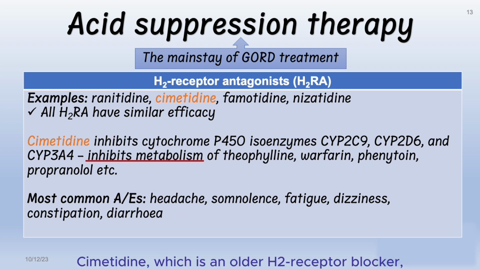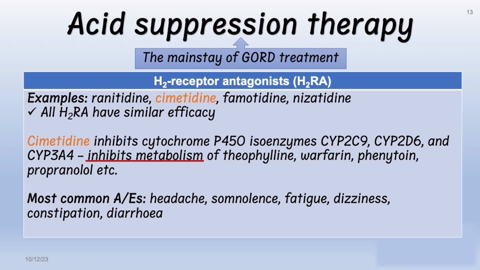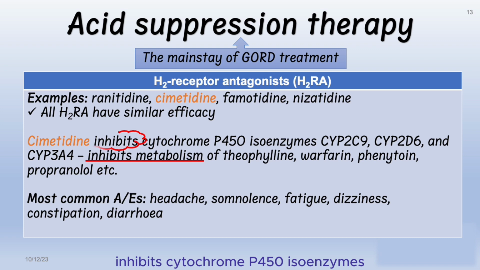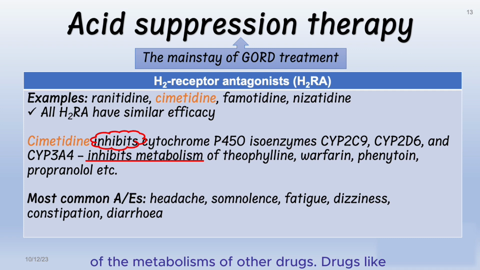Cimetidine, which is an older H2 receptor blocker, inhibits cytochrome P450 isoenzymes, and these isoenzymes are required in some of the metabolisms of other drugs.